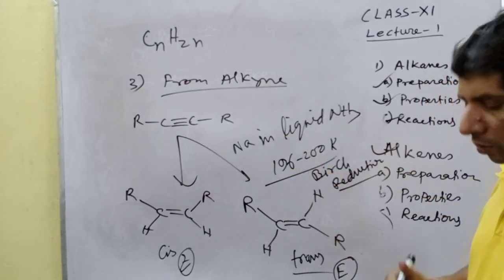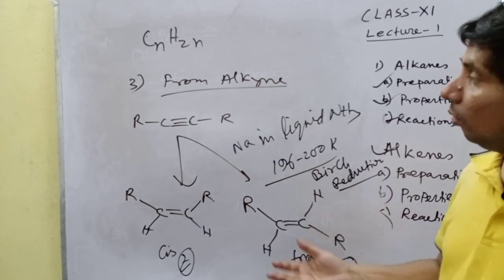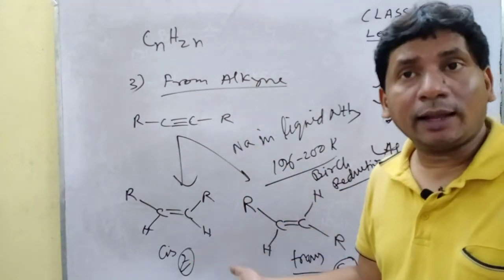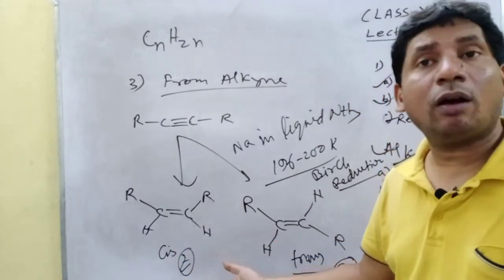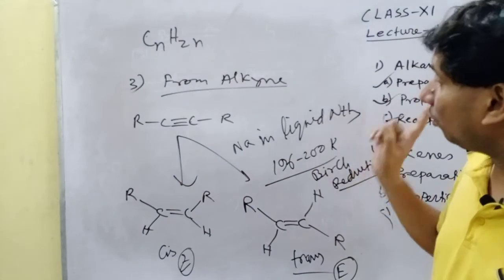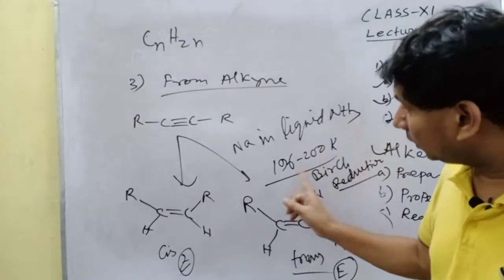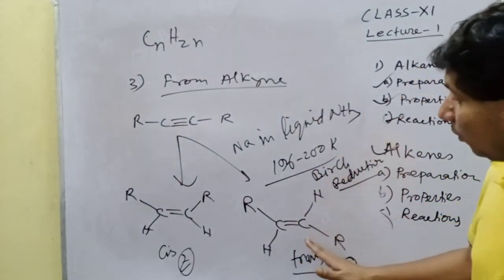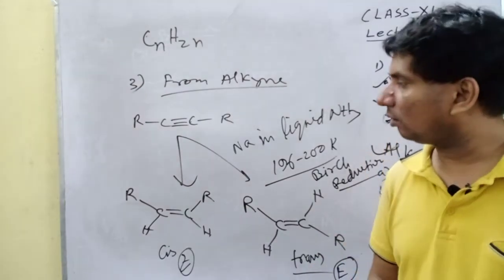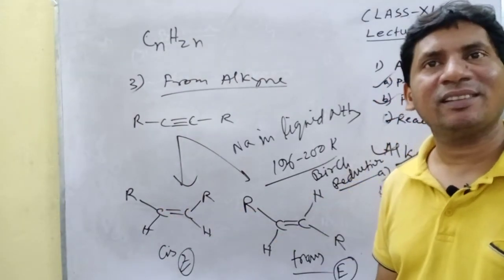Very important, because we don't know what happened here. It may be cis alkene or trans alkene, but when we use sodium in liquid ammonia in this temperature range, it will give the trans product, which is known as Birch reduction.